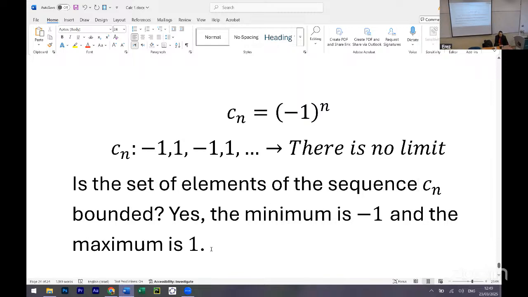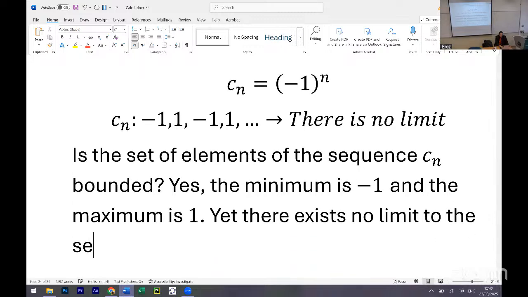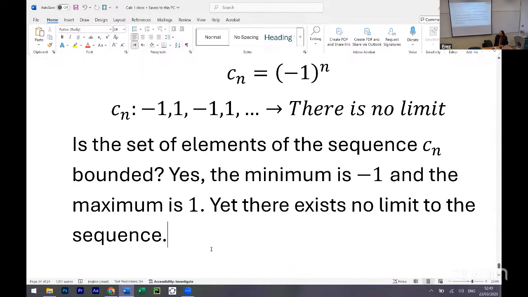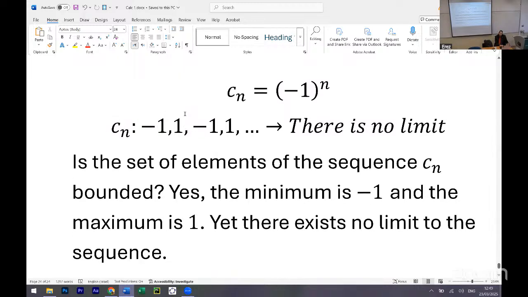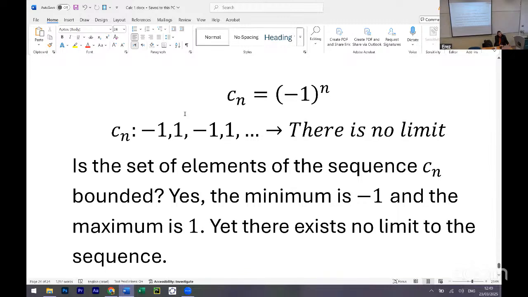Yet there exists no limit to the sequence. You see why there is a difference between boundaries and sequences, right? The sequence has boundaries, a supremum, an infimum, maximum, minimum, but it does not have any limits. And we need to understand what a limit is. Any questions so far?